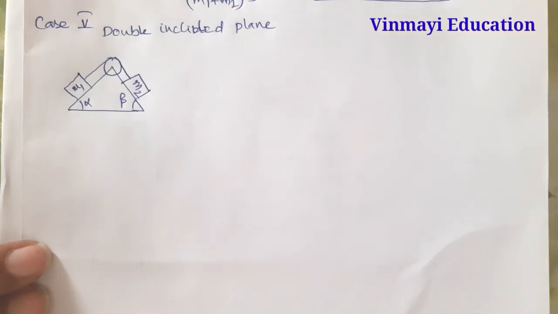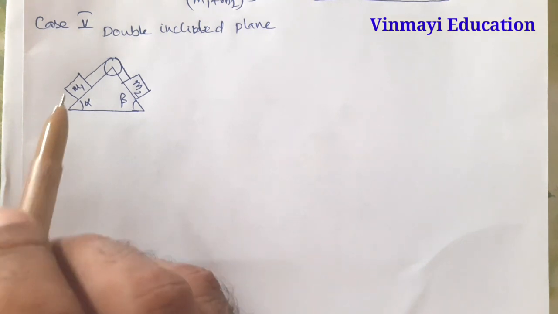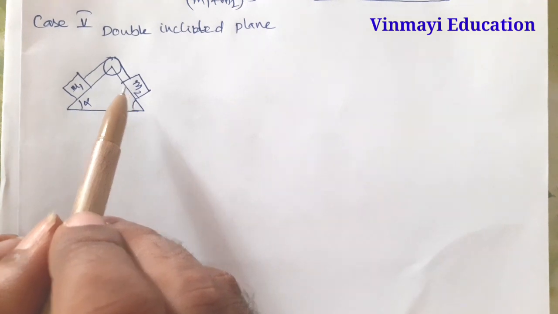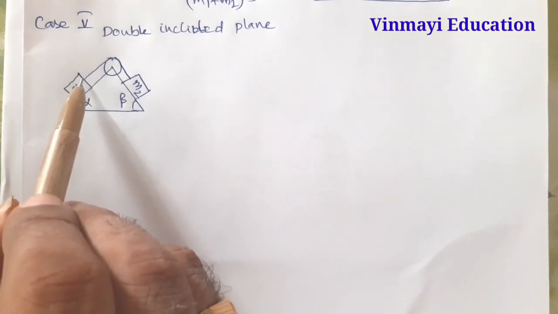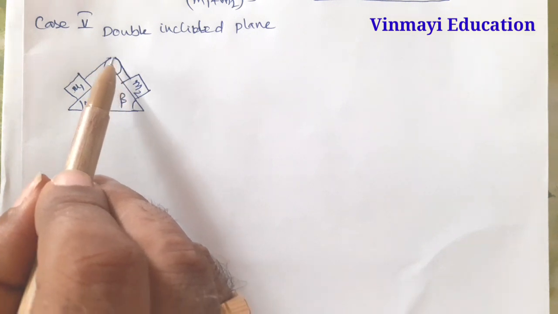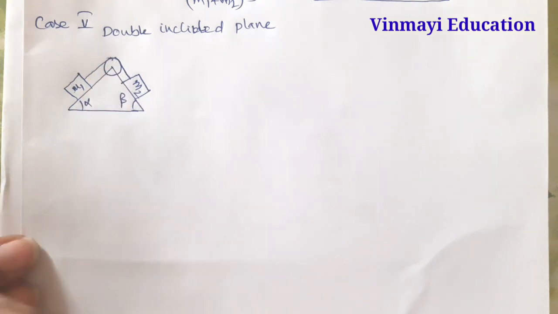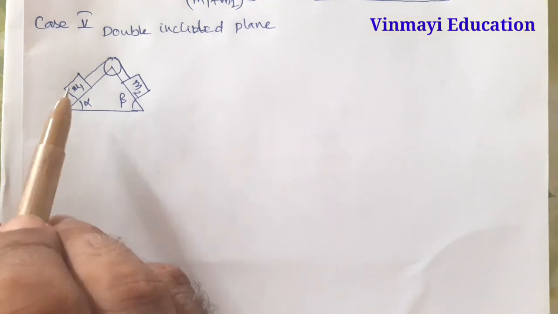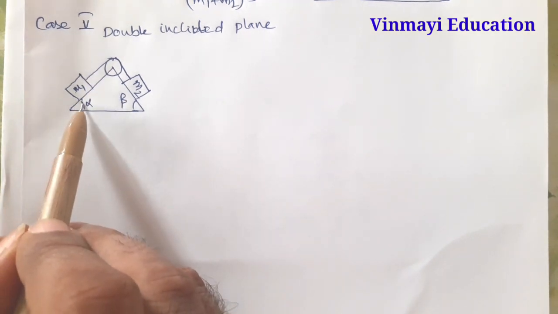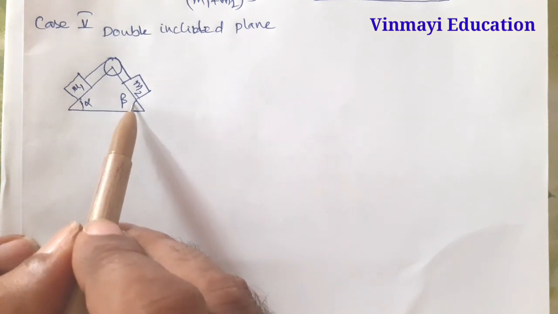Case 5. Double inclined plane. Two bodies of masses m1 and m2 are connected by a light inextensible string which passes over the pulley. The inclined planes are smooth and they are at an angle alpha at one end and beta at the other side.